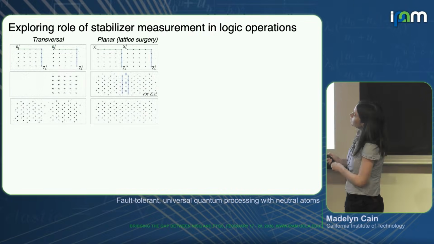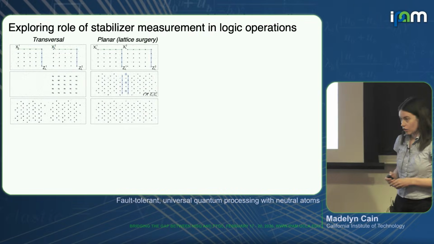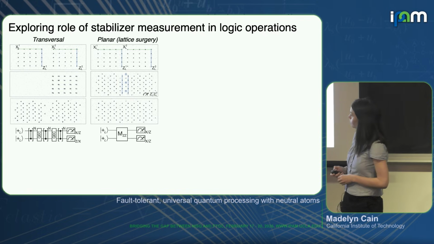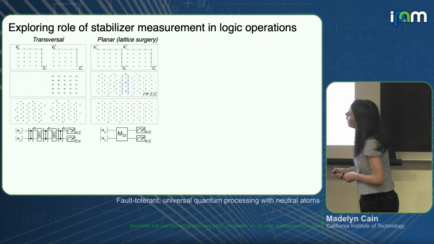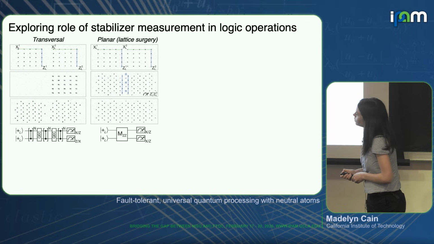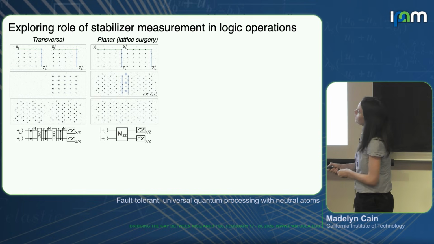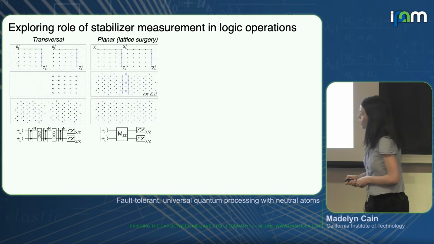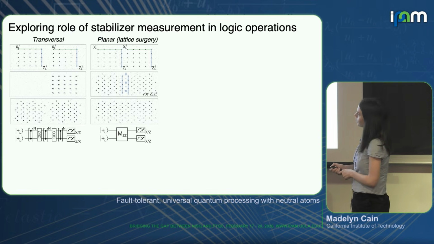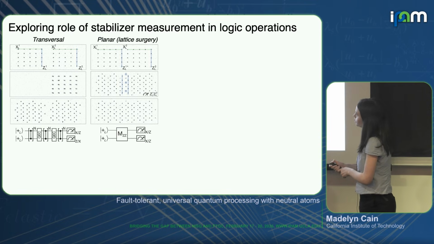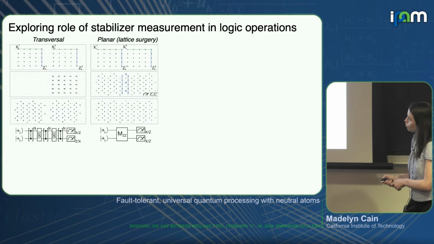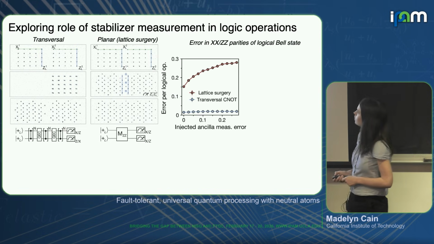Now, we wanted to look at both of these types of logic gates and benchmark them. So we have a circuit where we do many rounds of logical entangling gates between our two qubits, interspersed with quantum error correction rounds in the case of transversal gates. And for lattice surgery, we just measure our stabilizers to realize this joint ZZ product.